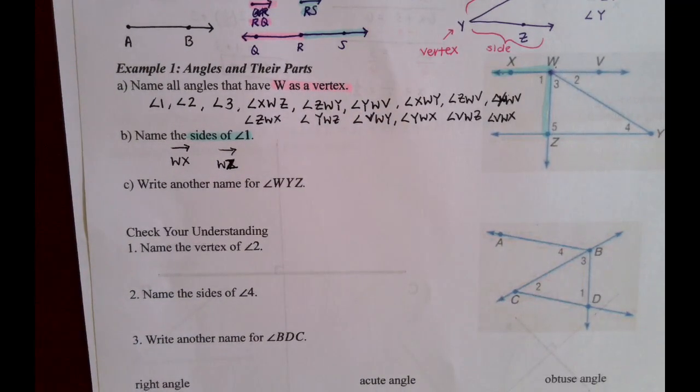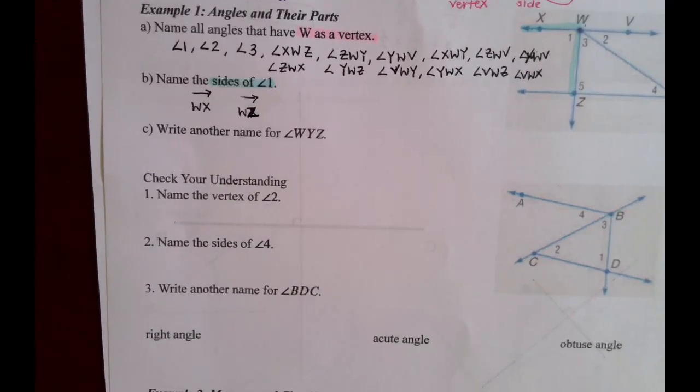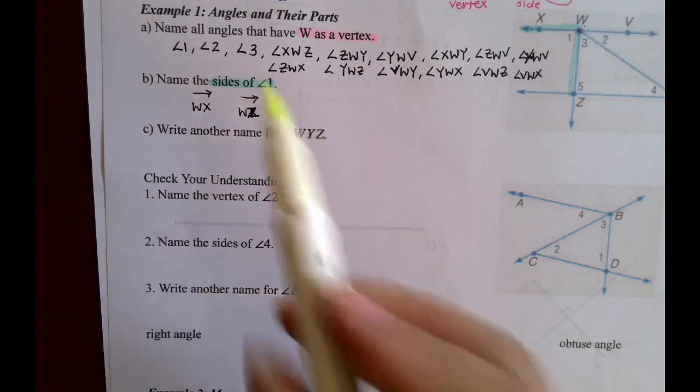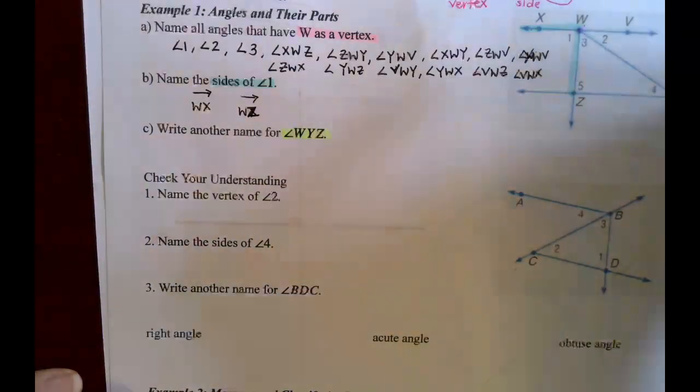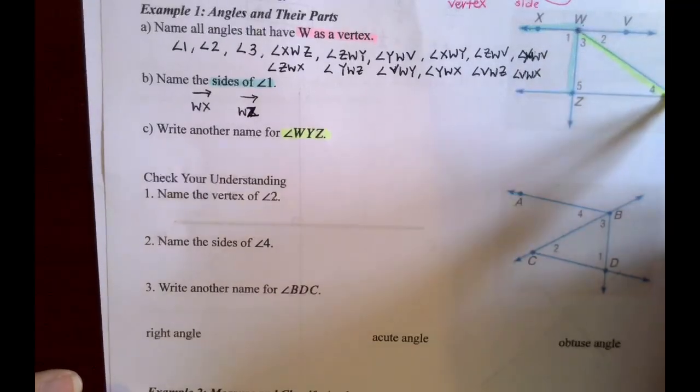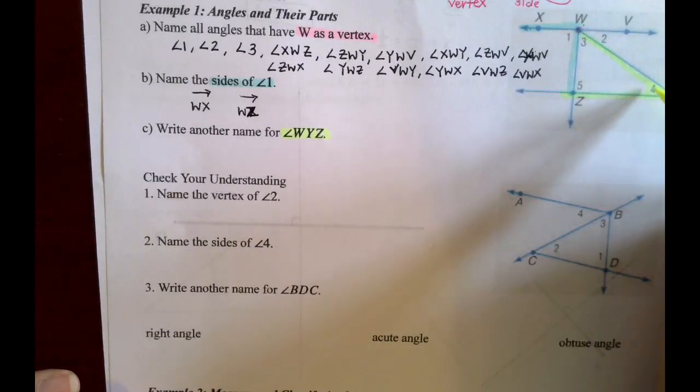And then the last one here, write another name for angle WYZ. So let's find that. Where is angle WYZ? WYZ is W to the Y to the Z. So that's here.